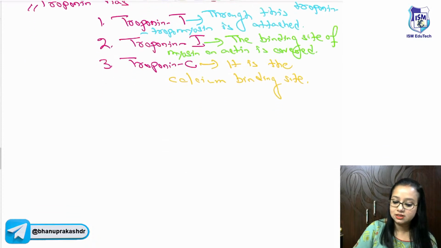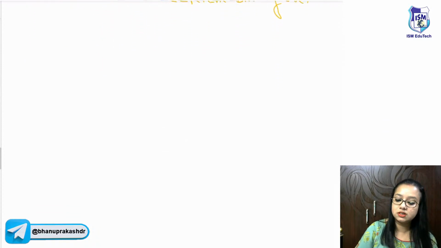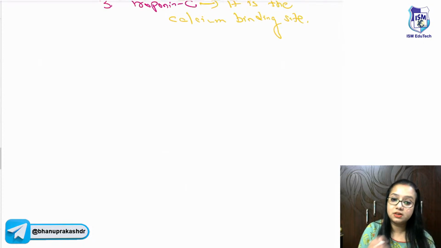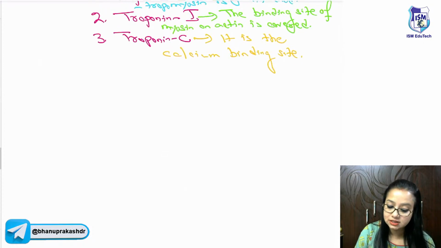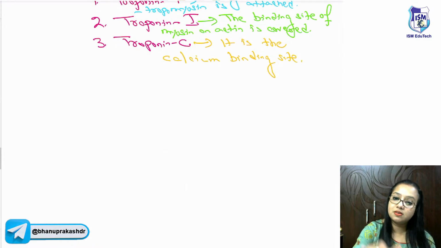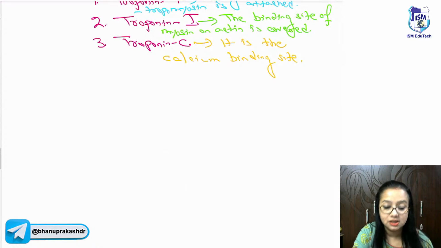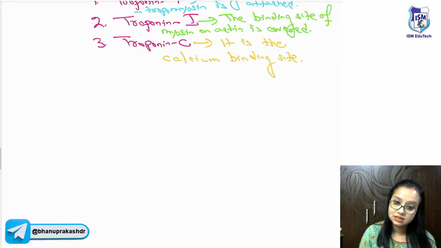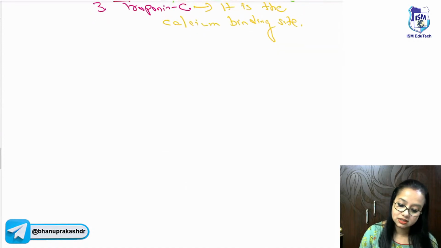So these are the subunits of the troponin with its function. So whenever there is no contraction needed, this troponin I will cover the binding site on the actin on which the myosin will bind. And C is the one in which the calcium will bind, because for any contraction to happen and relaxation to happen, calcium is needed, which we will study in our next class.